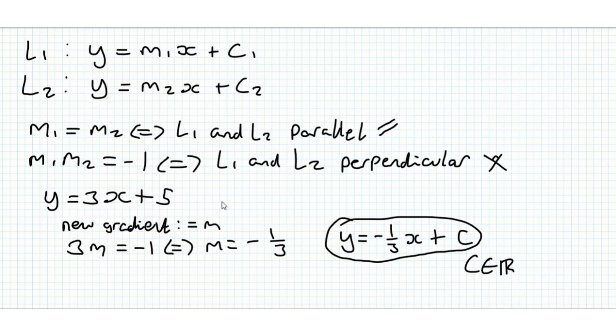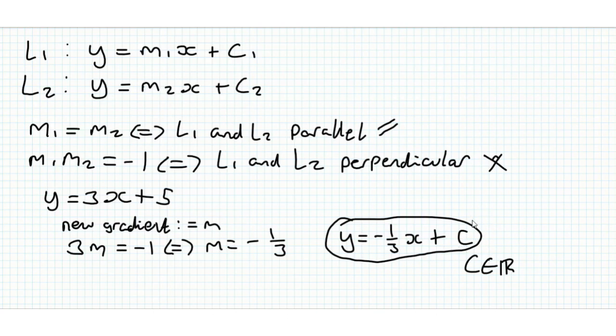A question might ask you to find a line that's perpendicular to another line and also passes through another point, and in that case you'd substitute that point in as y and x to find your c, and then once you've found c, you'd write in the form y is equal to minus 1/3, minus 1/3 in this case, but it obviously won't always be that, and then plus this particular value of c that you found.